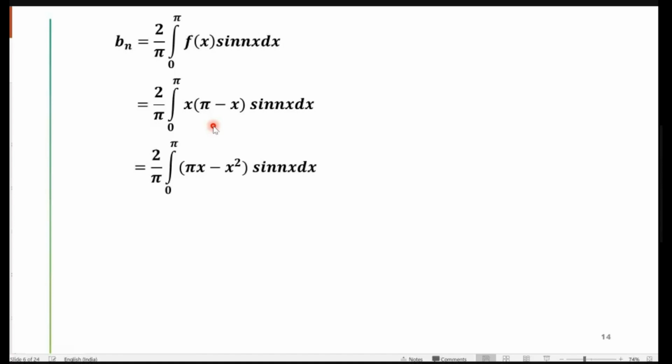Calculating Bn. Use u into v, 2 by pi integral 0 to pi. Now this is our function u: pi x minus x square is u, sin nx is v. So use u integral v.